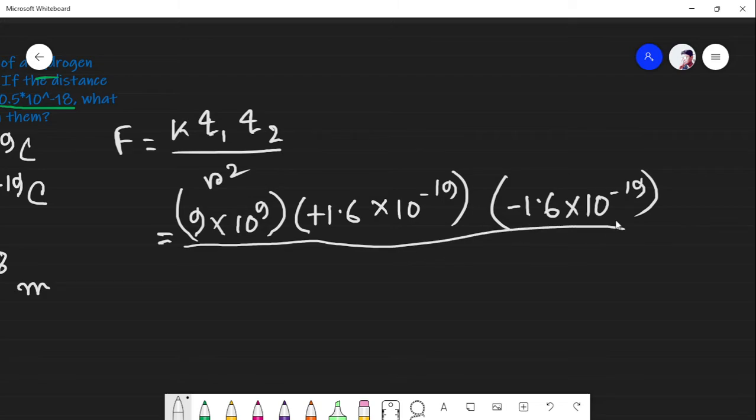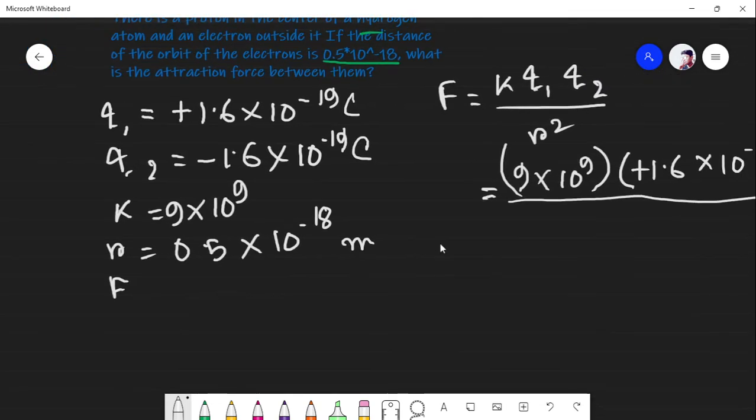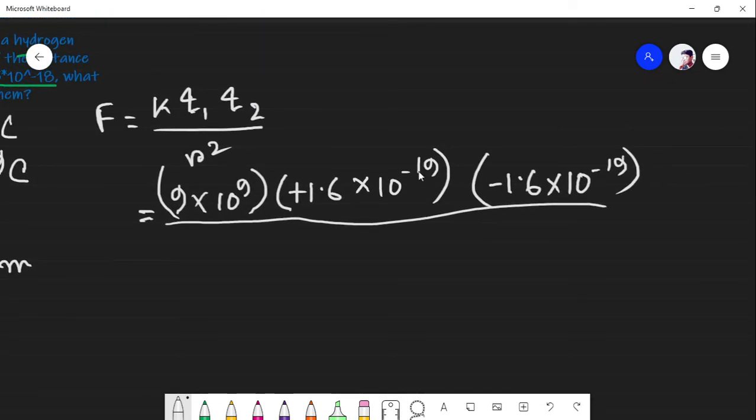And the radius is 0.5 into 10 to the power negative 18, whole squared.